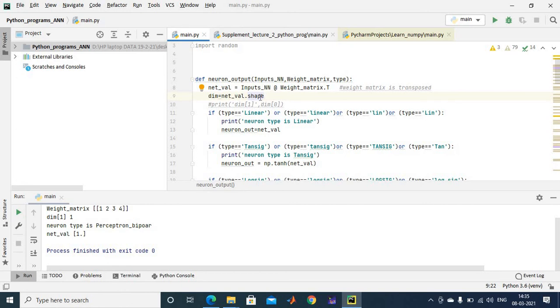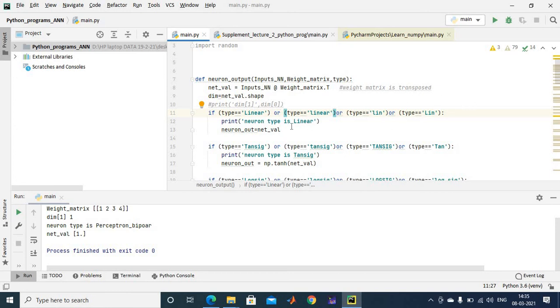From that net value I take the shape of it, which basically gives me the dimension. That will tell me how many neurons there are. Then, if the type is linear, I have tried to write all this with OR, so that even if you write LIN, small linear, capital L, and so on, this will work.